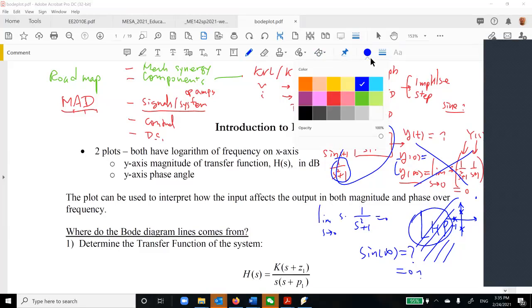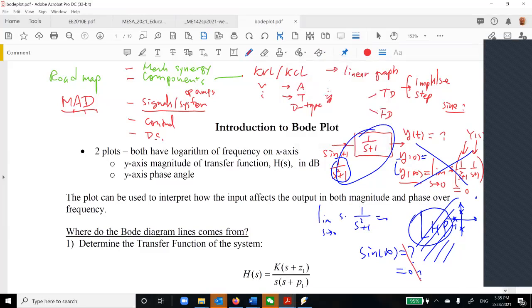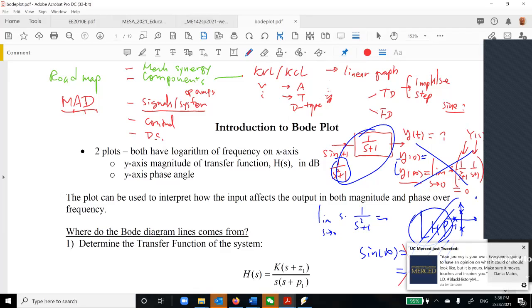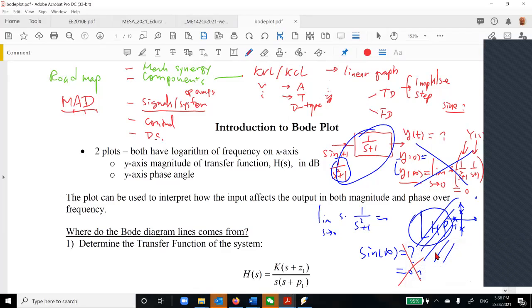This is obviously wrong, because a sinusoid at infinity is not decided. It's anything, right? It's absurd, sine infinity, you don't know. So it loses meaning in the final value and initial value theorem here. Don't apply that for sinusoids.